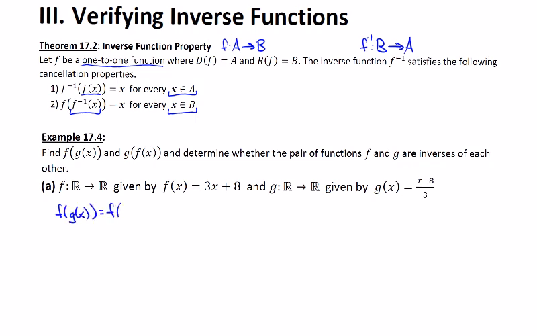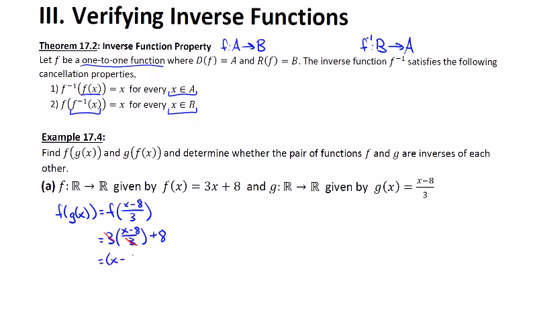This is going to be f of (x minus 8) over 3, which is going to be 3 times (x minus 8) over 3, plus 8. And looking at the operations, there is a pair of operations that can be canceled. The only pair that can be canceled would be the divide by 3 and the multiply by 3.